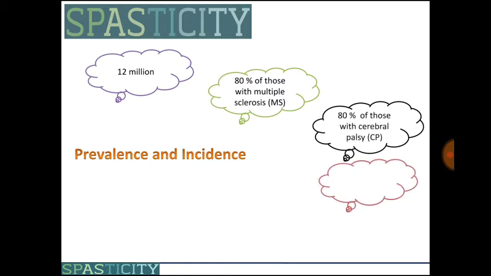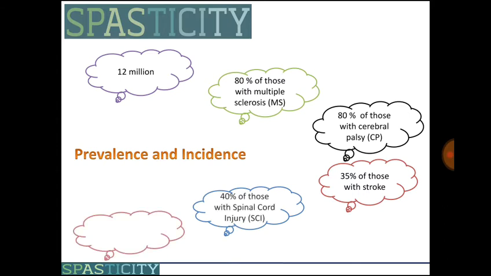Around 80% of people, especially children, suffering from cerebral palsy may develop spasticity. 35% of patients with stroke, 40% of patients with spinal cord injury, and 50% of patients with traumatic brain injury are suffering from spasticity. So you see, spasticity is such a major indication.